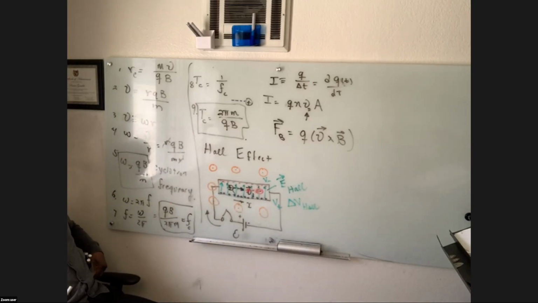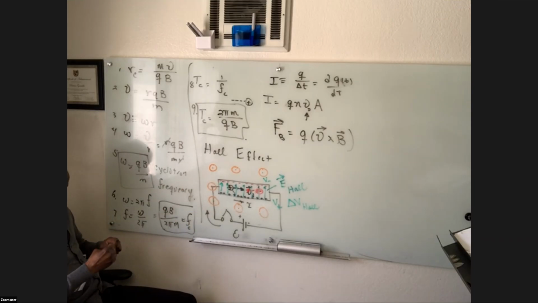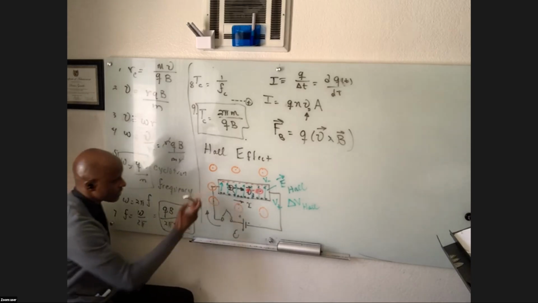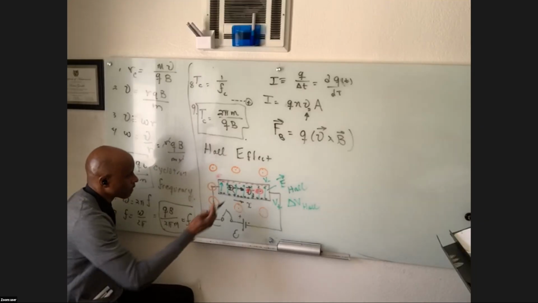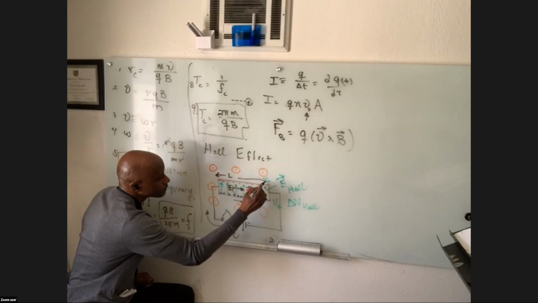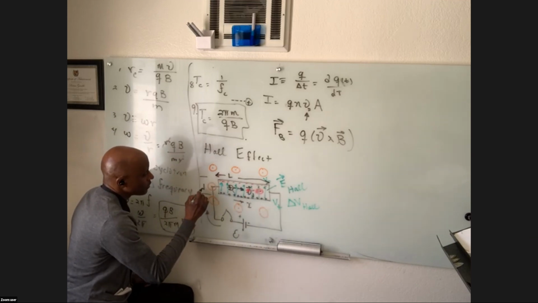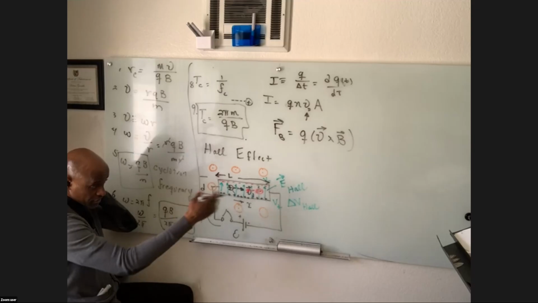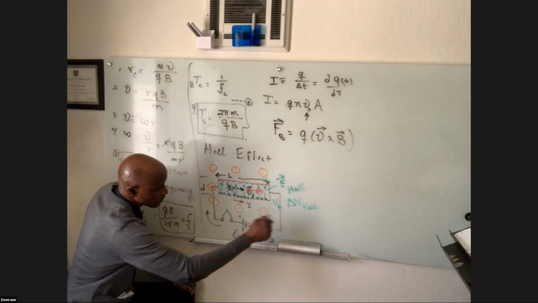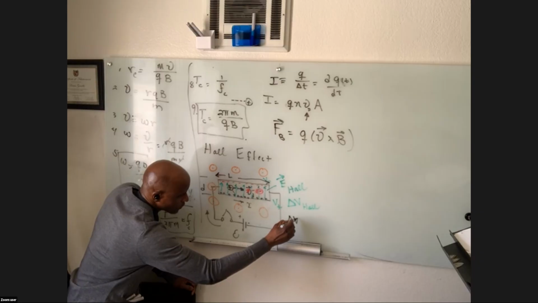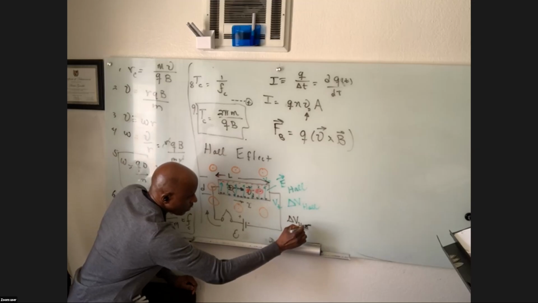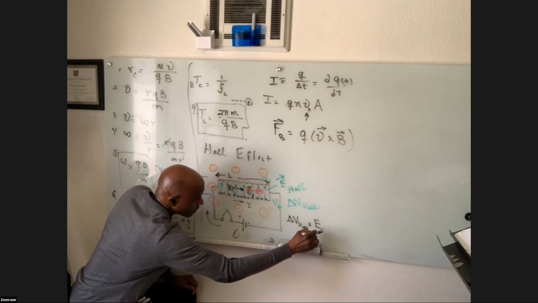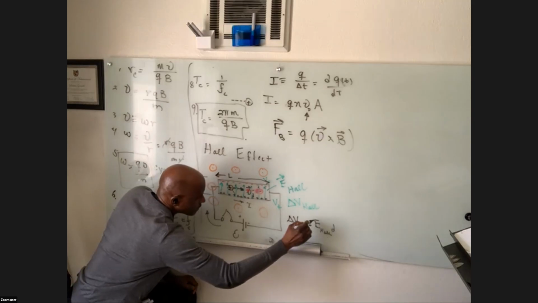There's a relationship between the field and the voltage, and this is a constant field. And we know that if the geometry of the metal, let's say that it has length L and width D. Well, the relationship between the Hall field and the Hall voltage is that the Hall voltage is going to be equal to the Hall field times D, the width of the thing.